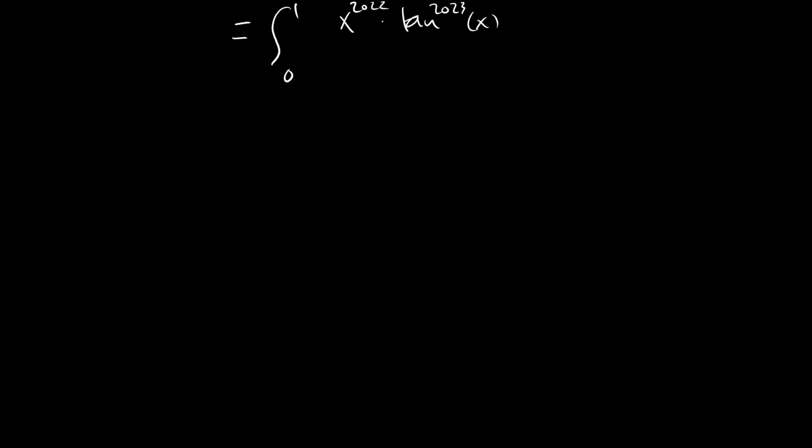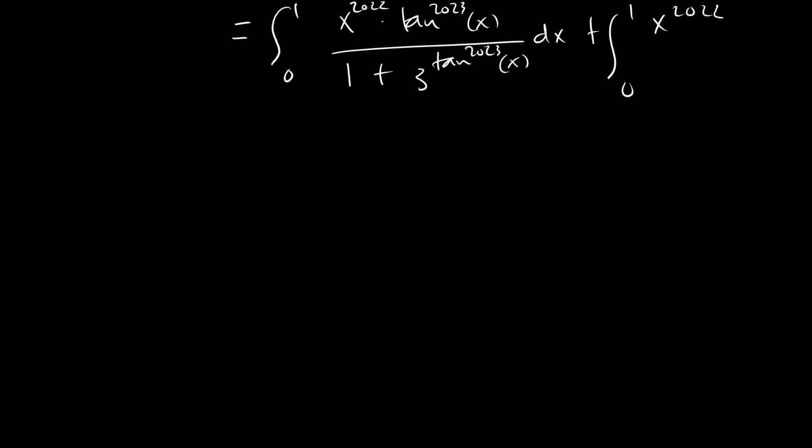We are converting back from u to x because we are not losing anything. So 1 plus 3 to the power tangent 2023 of x, plus the integral from 0 to 1 of x to the power 2022 over 1 plus 3 to the power tangent to the power 2023 of x. Then we can bring those together.